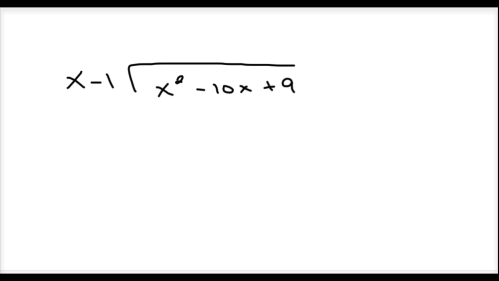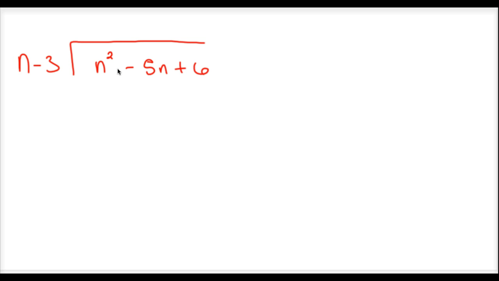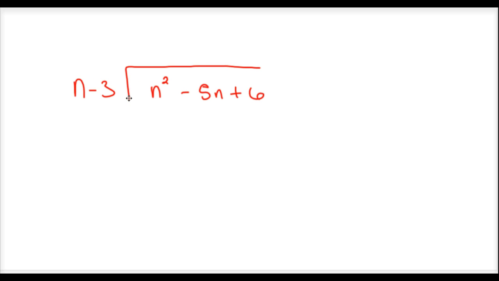So here I have n minus 3 into n squared minus 5n plus 6. Again I'm going to ask myself, how many times does n go into n squared? N times what is n squared? N times n. Then I'm going to multiply both n and negative 3 by n. N times n, n squared.